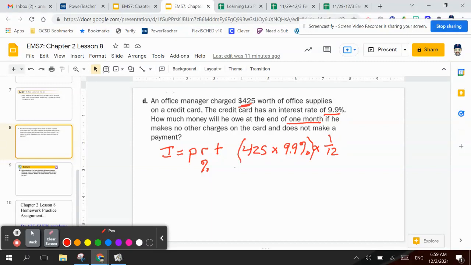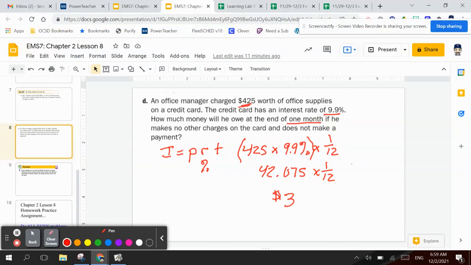So I take 425 times 9.9%, so that's 0.099, and that's $42.075. We're going to keep that there. We're going to multiply that by 1/12.